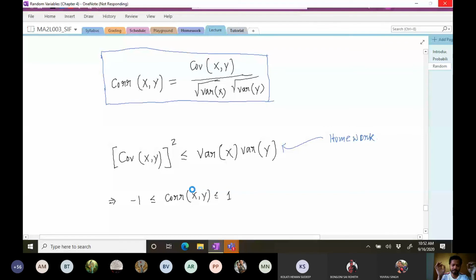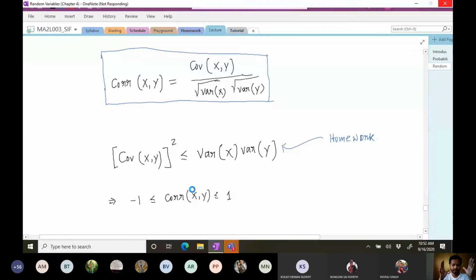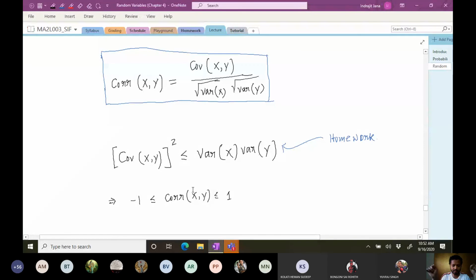So the main difference between correlation coefficient and covariance is that covariance could be anything. It could be -100, it could be positive 1 million, whatever. And to overcome that, we divide it by the square root of the variances so that it always stays between -1 and 1. So correlation coefficient also measures the dependence like covariance. Covariance measures the linear dependence between X and Y. Same for correlation coefficient, it measures the linear dependence between X and Y. But we are dividing it by the square root of the variances so that the answer is always between -1 and 1, so that we can compare the magnitude of dependence.